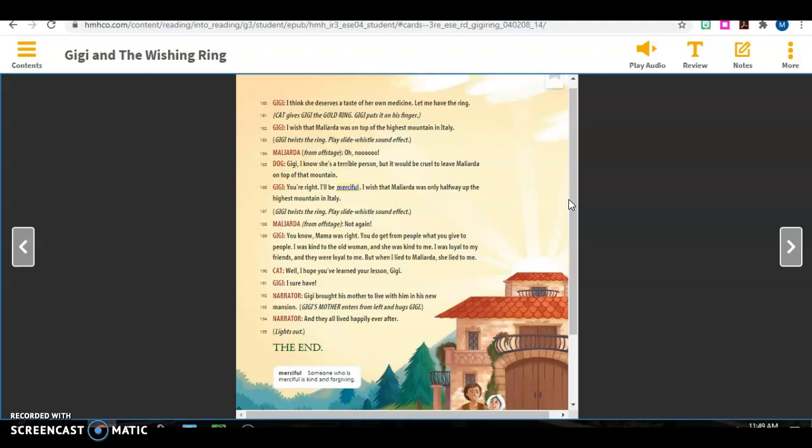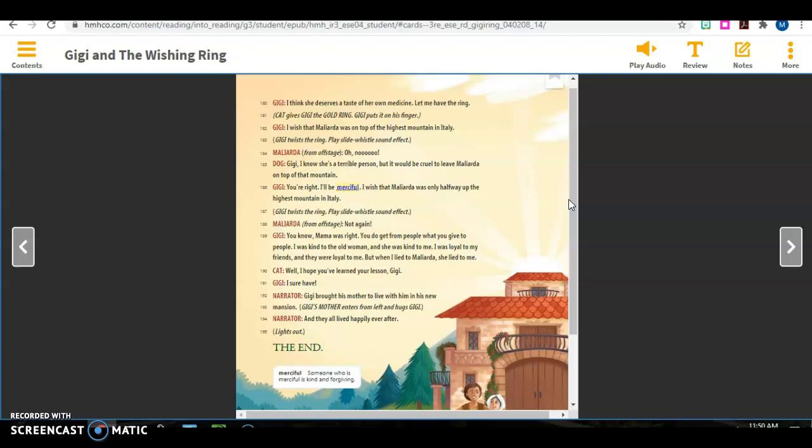Gigi: I think she deserves a taste of her own medicine. Let me have the ring. Cat gives Gigi the gold ring. Gigi puts it on his finger. Gigi: I wish that Magliarda was on top of the highest mountain in Italy. Gigi twists the ring. Whoop! Magliarda from off stage: Oh no!